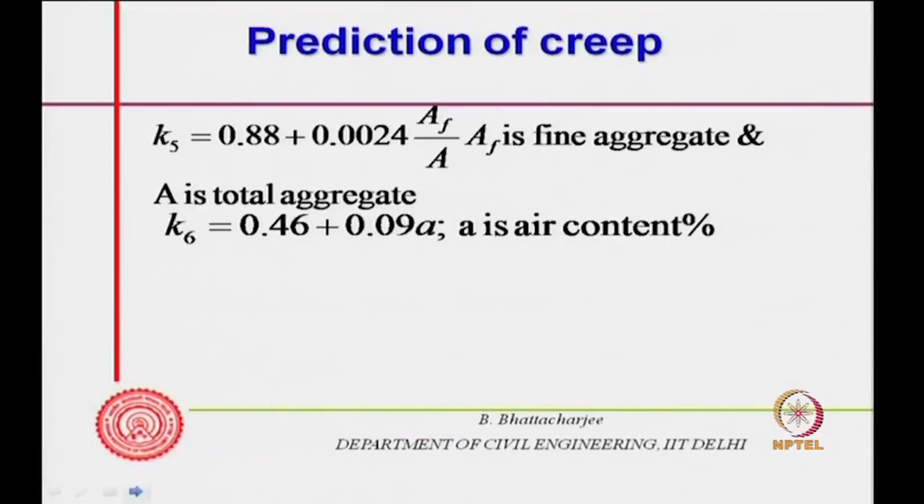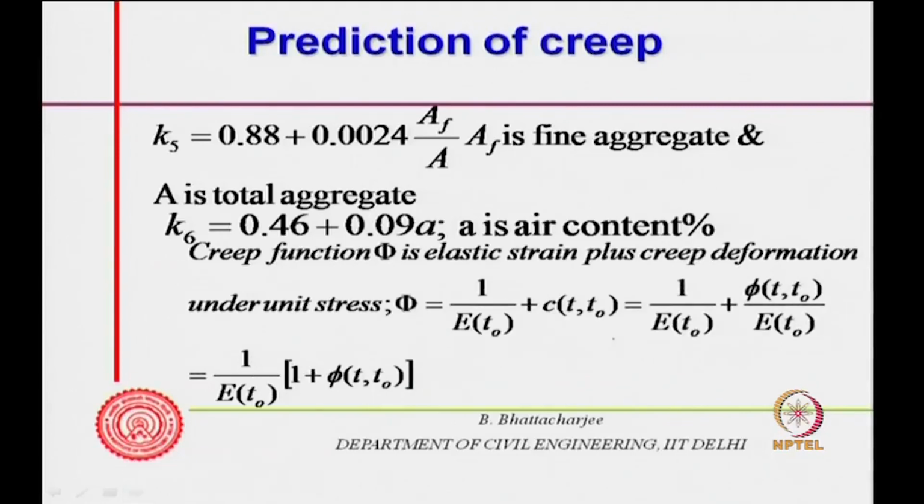What we said was the creep function is phi and it is given as 1 by E plus C. So, I can write this for unit stress as the elastic strain plus creep for unit strain, epsilon(t,t0). This is the elastic strain plus creep, which can be written as phi(t,t0) multiplied by 1 divided by E0. So, C can be written as epsilon 0 multiplied by phi(t,t0), and epsilon 0 is 1 over E0, so I can just replace it like this.